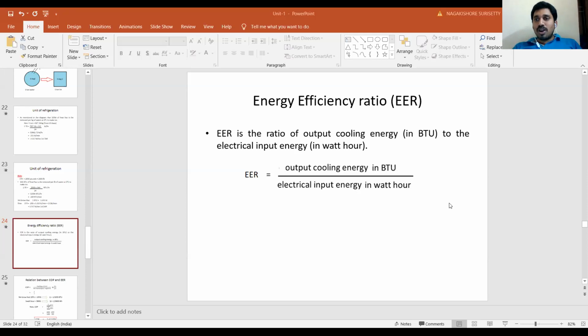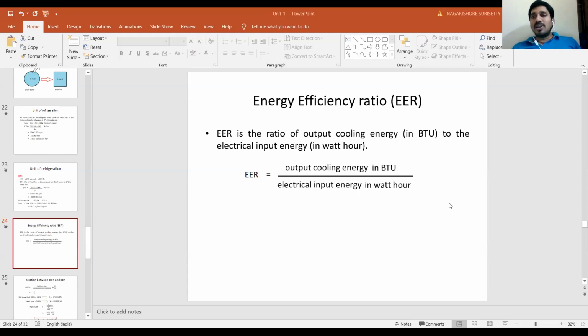So we take two quantities, and that ratio is called EER. The heat removed from the cooled space in terms of energy, we take the unit as British thermal unit, BTU, and the electrical energy supplied to the system is in watt hour. These two quantities are taken for energy efficiency ratio.